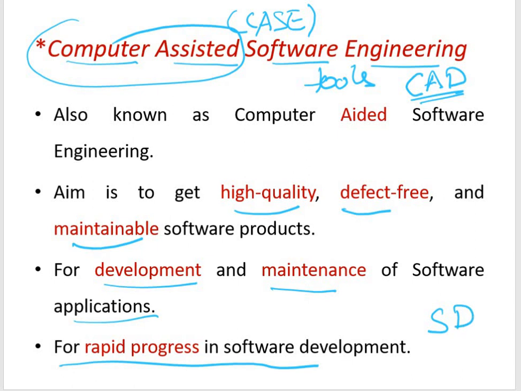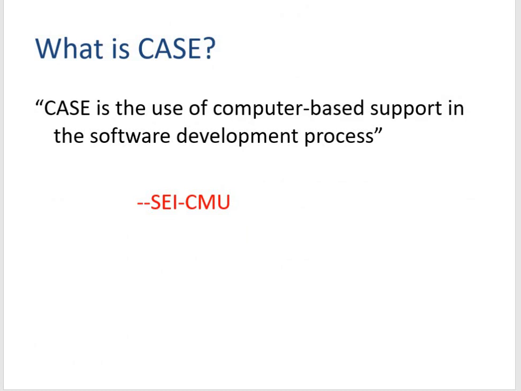Right, so for rapid development, I'll go ahead with CASE tools. The SEI-CMU definition says that CASE, or computer assisted software engineering, is the use of computer based support in the overall software development process.